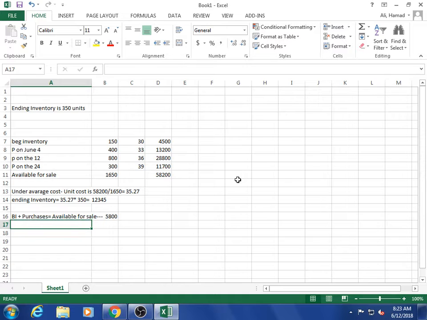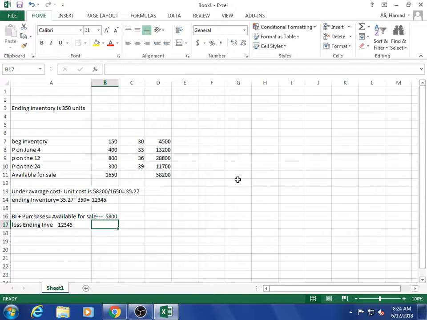58,200 minus ending inventory, which is 12,345. You need to type 58,200, not 5,800; add a 2 between the 8 and the 0.